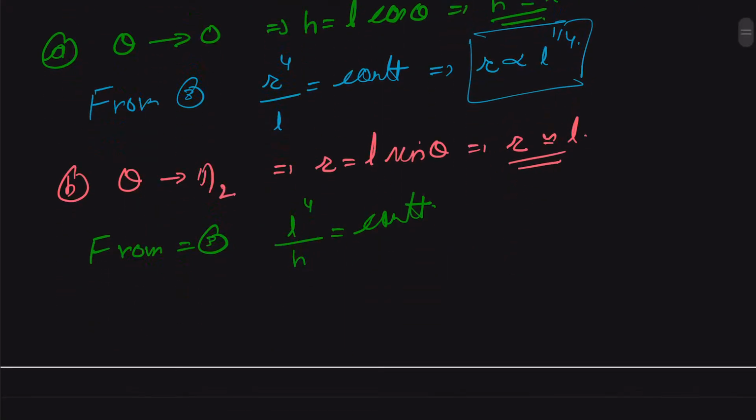Or from here we can say that h is proportional to L raised to power 4. So this is the relationship between the radius and length as well as the height and length that was asked in the question. So this was the first question.